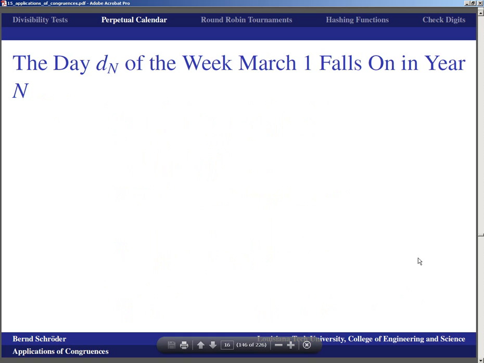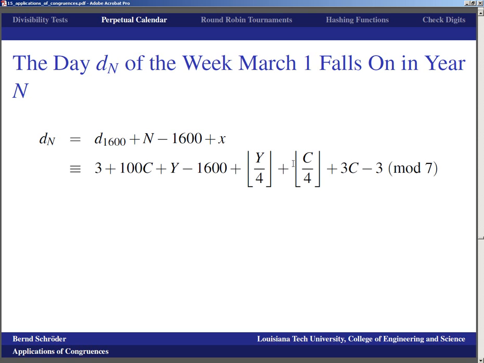Yeah, sure. Okay, so that means now that the day of the week that March 1 falls on in year N is the day it fell on in 1600, plus the difference between the current year and 1600 because it advances by 1 every year, plus x, which is the number of leap years because that's where we have an extra one added in.